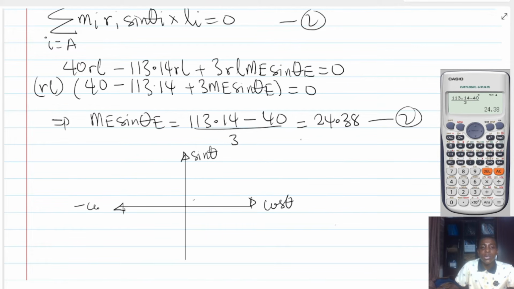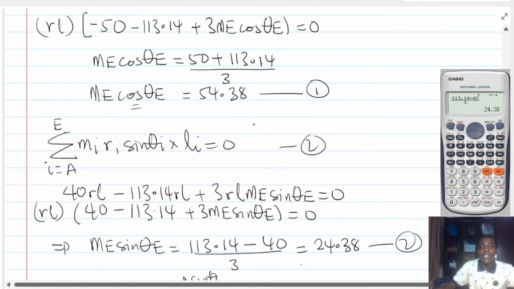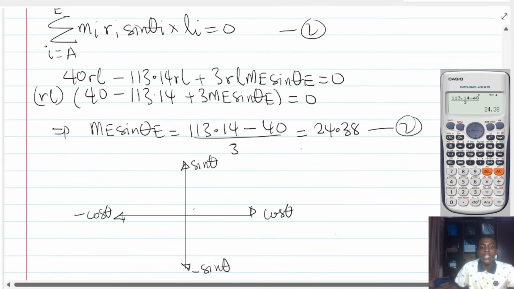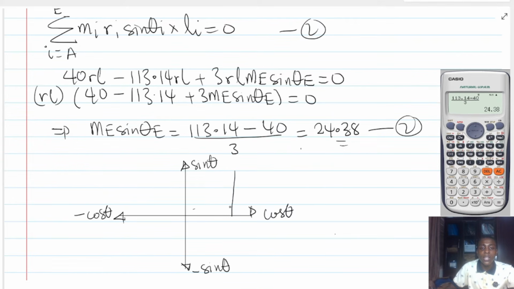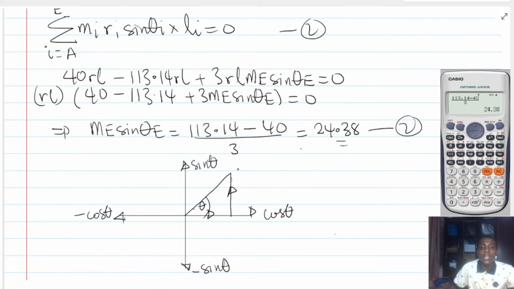This is minus cosine theta and this is minus sin theta. Since cos theta is positive and sin theta is also positive, it means we must be in the first quadrant. In other words, our y is here and our x is here. And so the angle that we want is here.